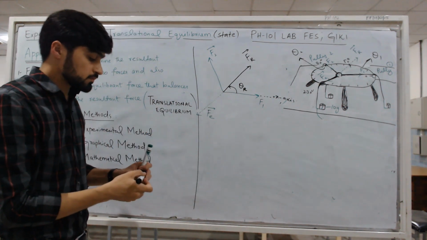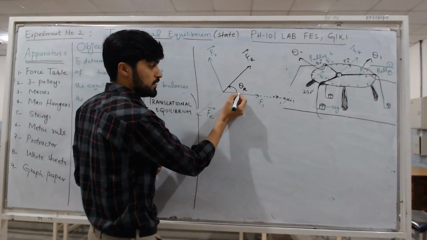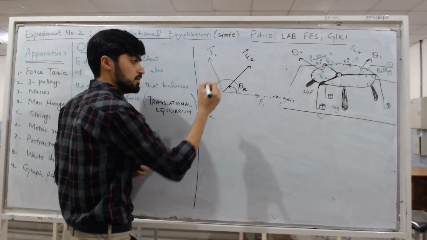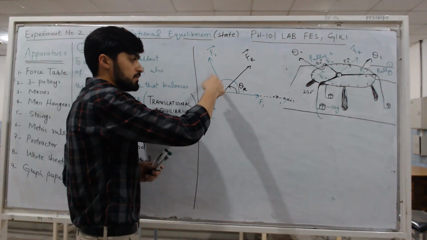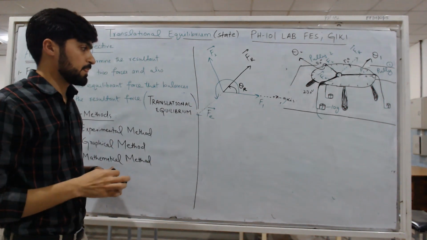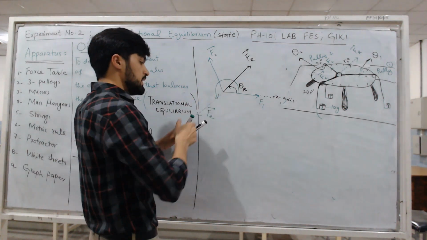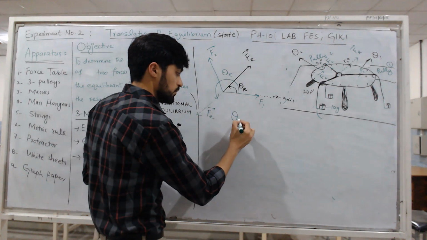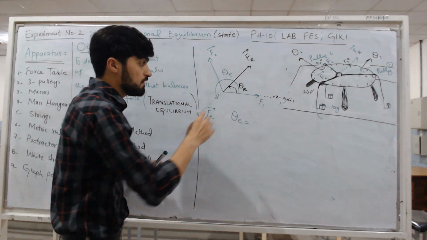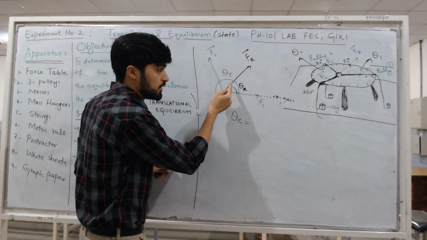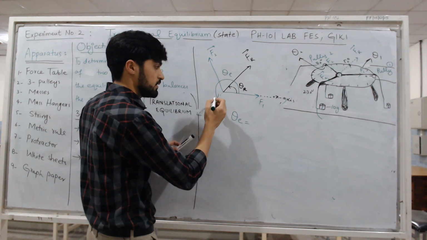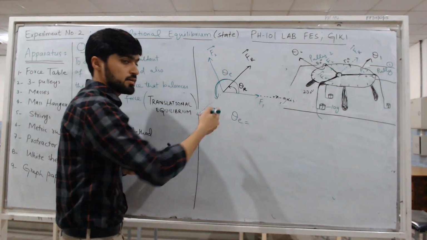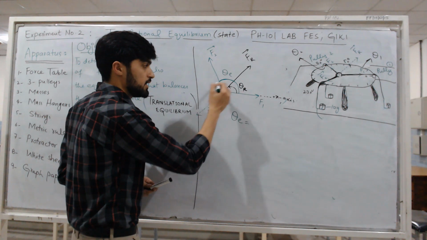The direction of the equilibrium force will be determined from the positive x-axis. Look at this figure very carefully. This is our theta E. Now if I add this theta R with this angle, the total is 180 degrees, because these two vectors are anti-parallel.